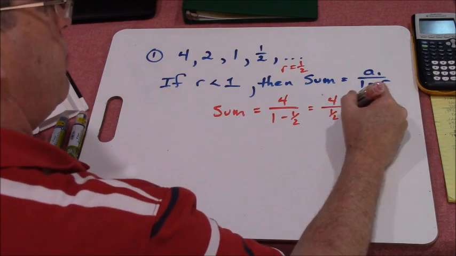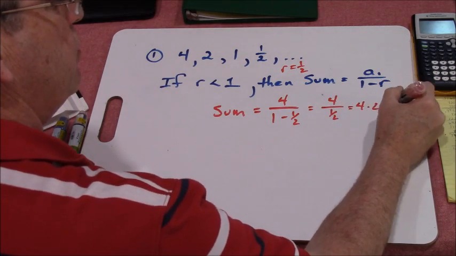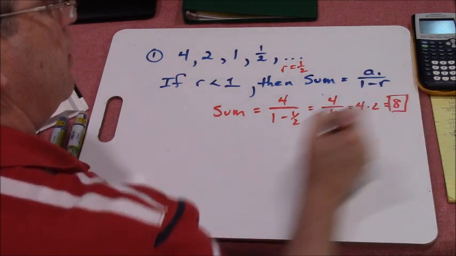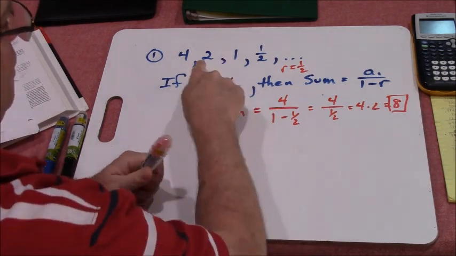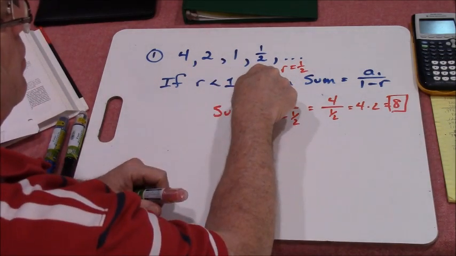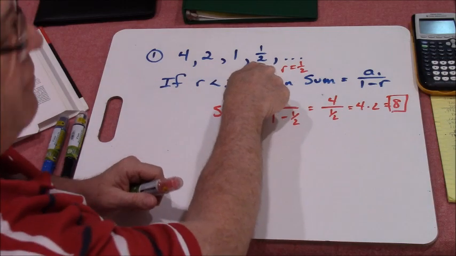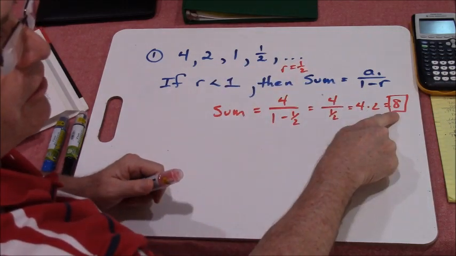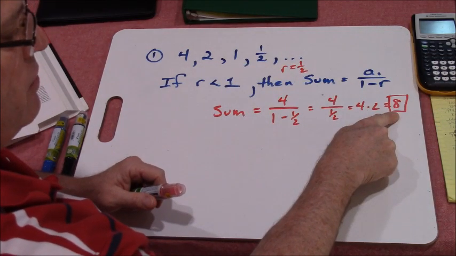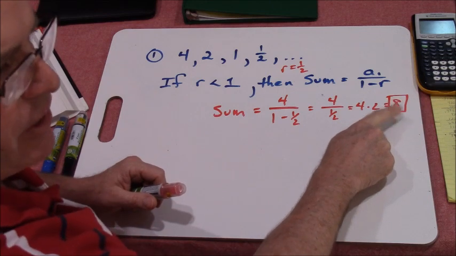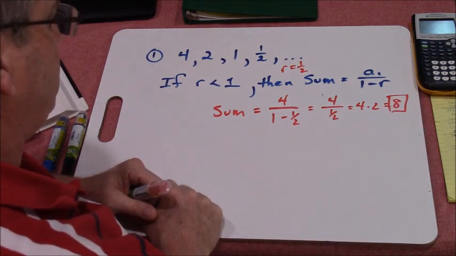If I flip that over and multiply, I get 4 times 2, which is 8. So if I was to continue to add these numbers forever, no, I would not get infinity. I would just get closer and closer to 8. And I think I remember that from our last video.